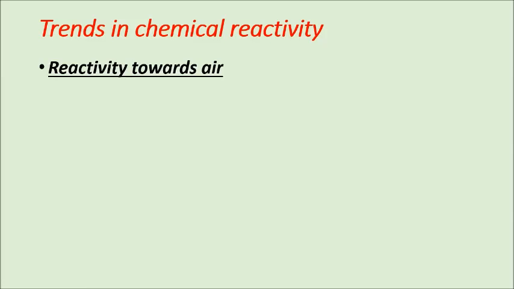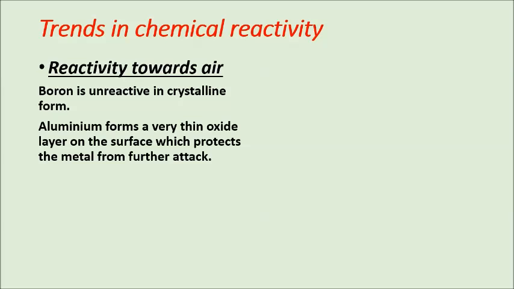The first one is the reaction with air. Boron is unreactive in the crystalline form. Aluminium forms a thin oxide layer on the surface which protects the metal from further attack. So when we purchase an aluminium vessel, after some time it becomes faded in color.